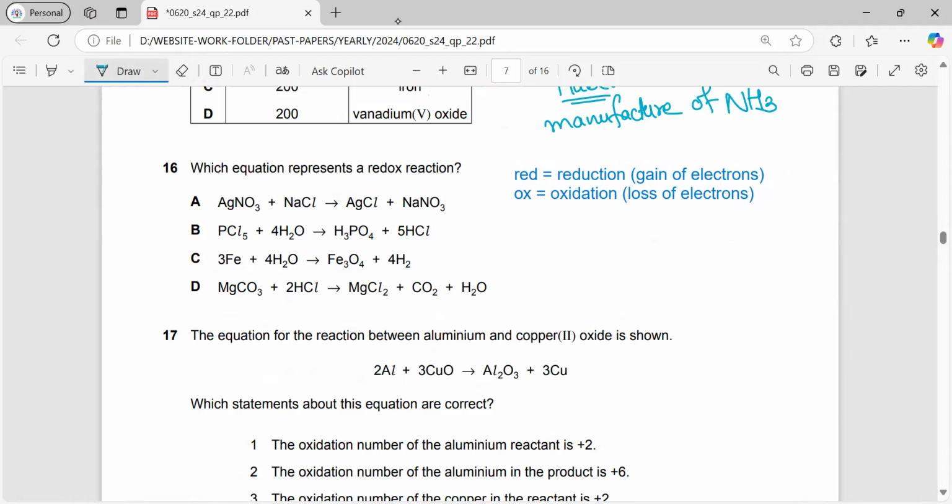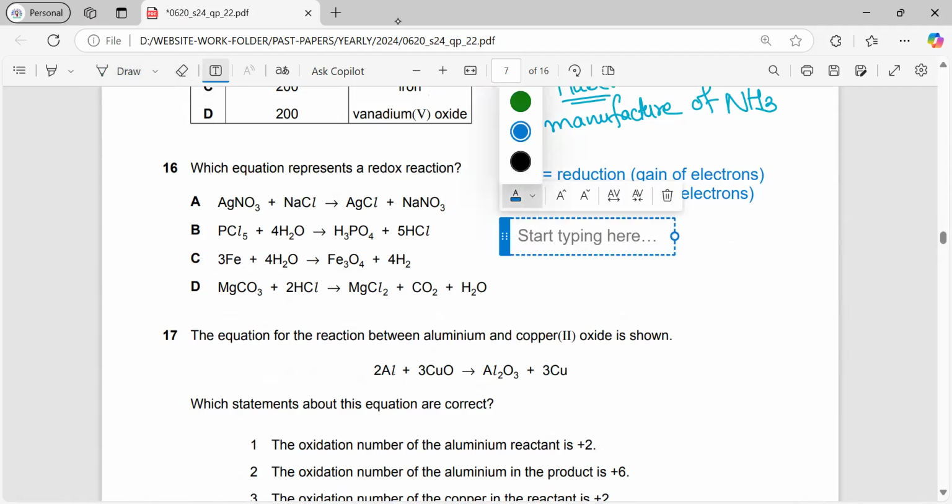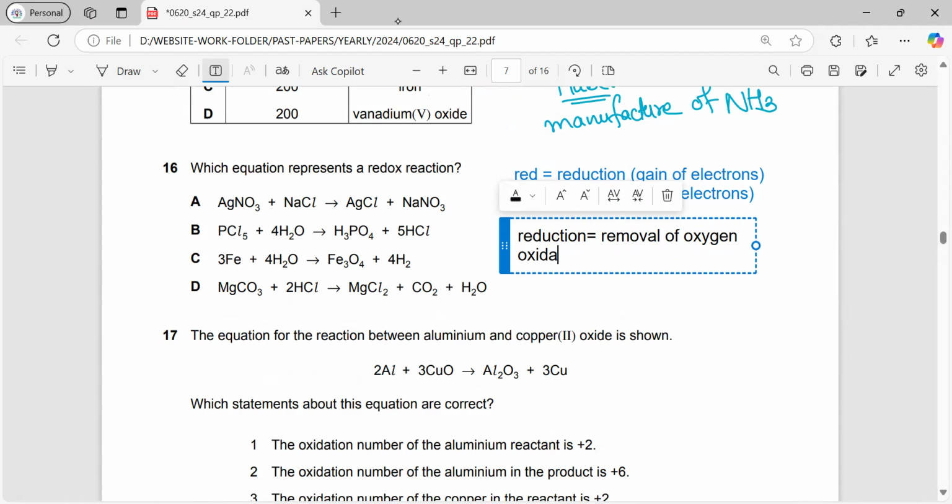So here, which equation is gaining, which equation is losing electrons? Also, we can identify from the oxygen, which one is losing oxygen, which one is gaining oxygen, because we have another definition of reduction and oxidation. Reduction also means removal of oxygen, and oxidation also means the gain of oxygen.